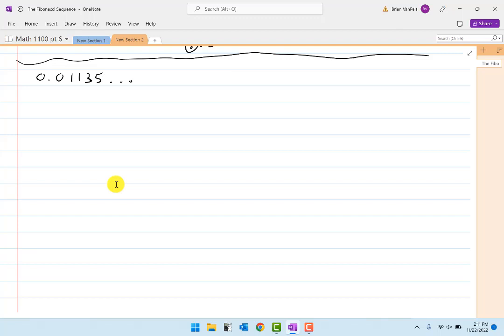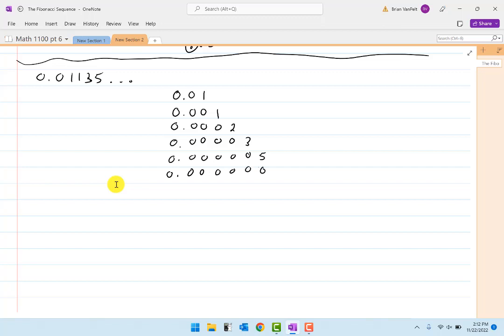If you were to look down and do these digits, look what we have: 0.01 plus 0.001, 0.0002. So I'm doing the Fibonacci numbers: 0.00003, 0.00005, 0.0000008.